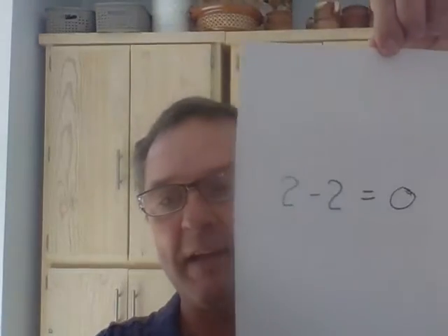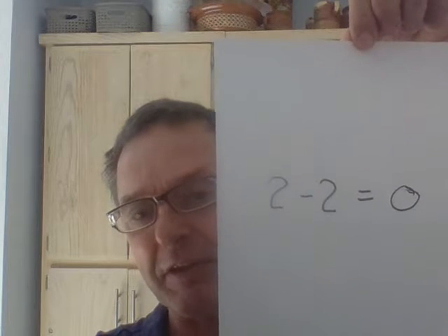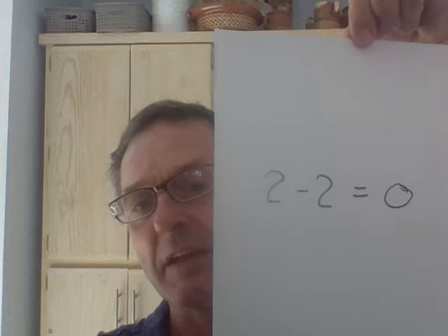So more high-tech visual aids here. 2 minus 2 equals 0. So subtracting is the removal of something. So start with something and then remove that same thing, subtract it, minus it, and the result is nothing.